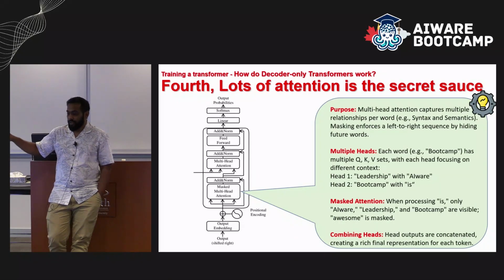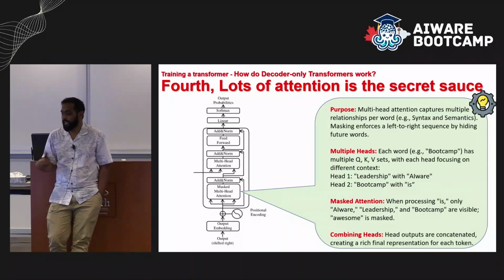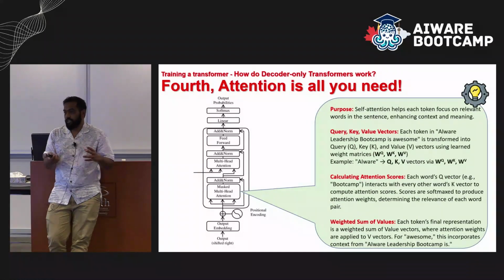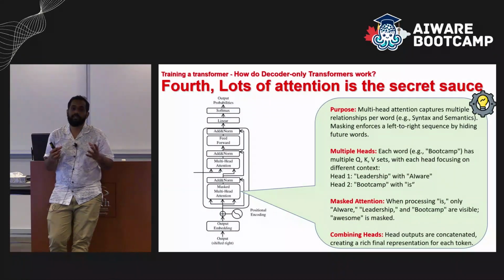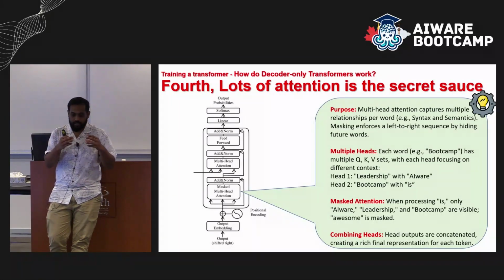And then what really makes transformers able to learn a lot of information is the multi-head attention. When we do the self-attention in the previous step, it captures, let's say, the semantics or the grammar information. But there is so much more that goes on with a sentence, right? Like there is syntactic information, there is semantic, there is relevance.